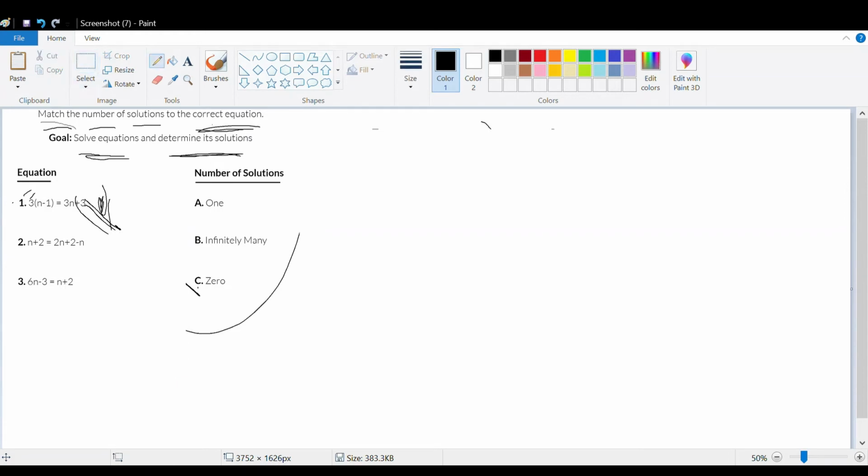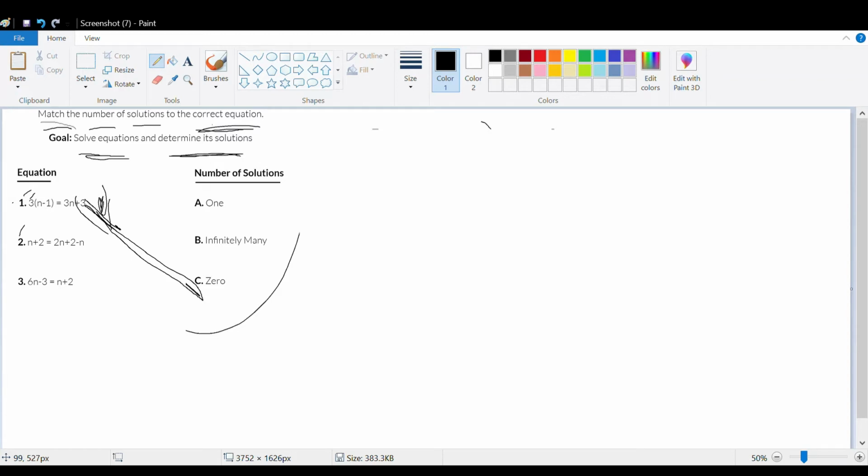As I said, 1 matches up with C. The first equation has 0 solutions because 0 does not equal 6. Now let's move on to the second equation.